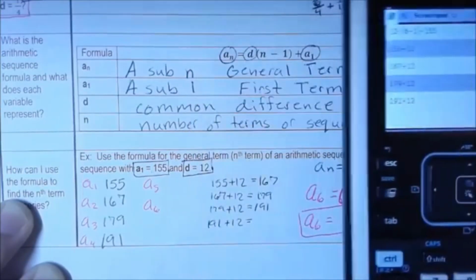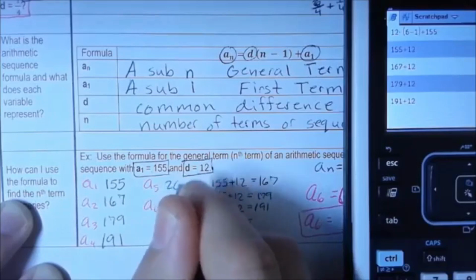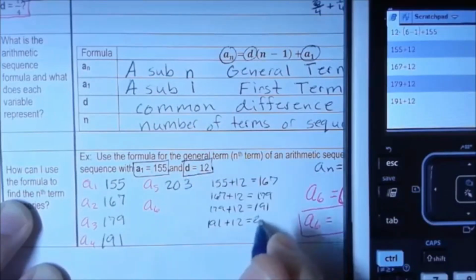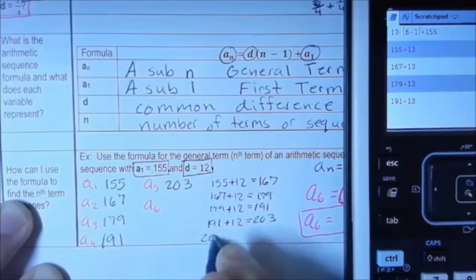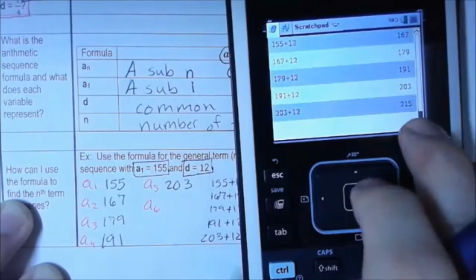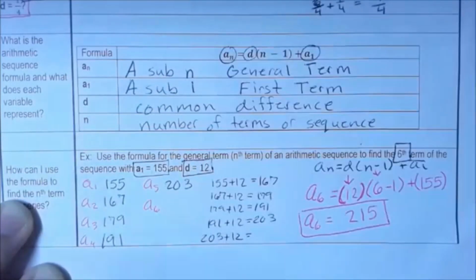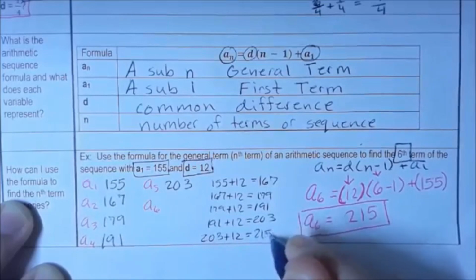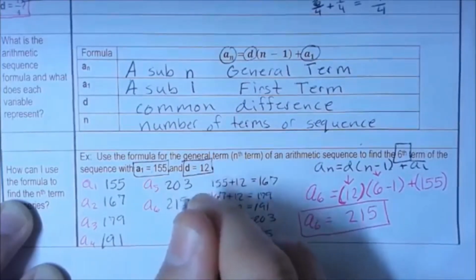We have 203. So this becomes 203. And if we do our last one, we have 203 plus 12. I'm just going to hit plus, and then 12. It gives me 215. I'm going to write 215.